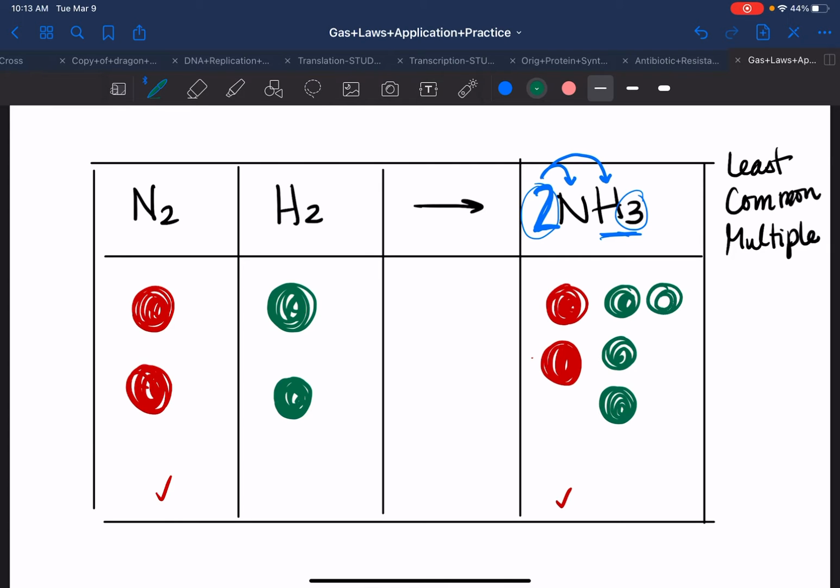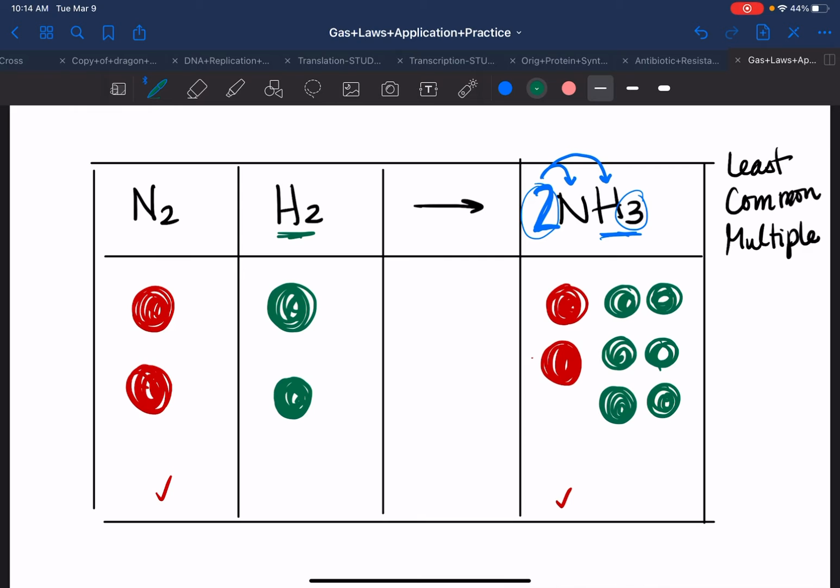So now I have 6 greens, which is a problem because I only have 2 H's on the left-hand side, right? So then again, you've got to think about what I can do with this number in order to produce 6 hydrogens, and again, we're looking for our least common multiple.